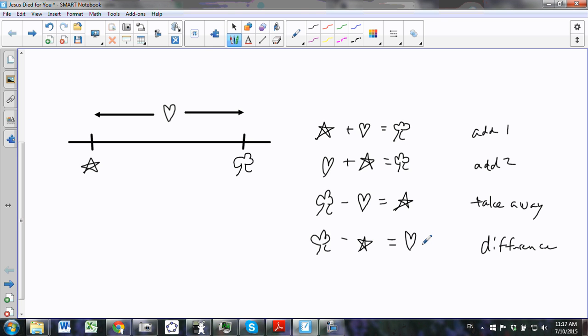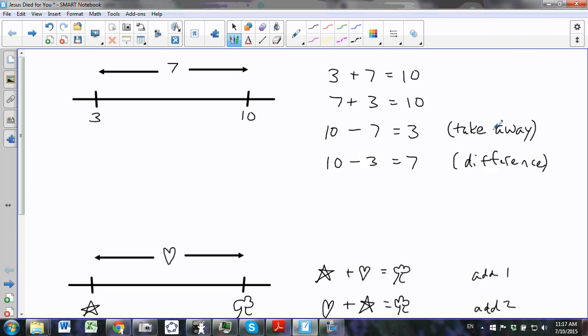In other words, tree is heart more than star. And if you think about it, these are the two numbers, starting with 3 and adding 7 to get 10, this guy here is going backwards. Start with 10 and subtract 7, you end up with 3.